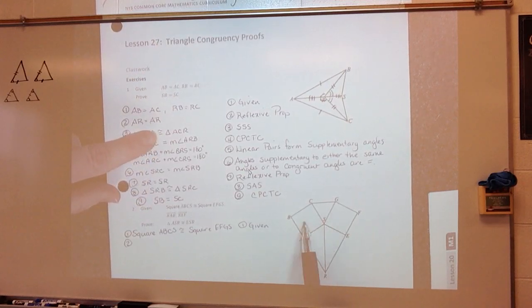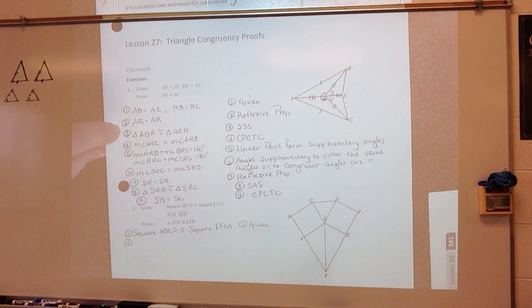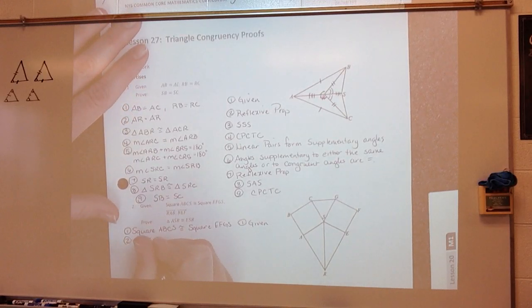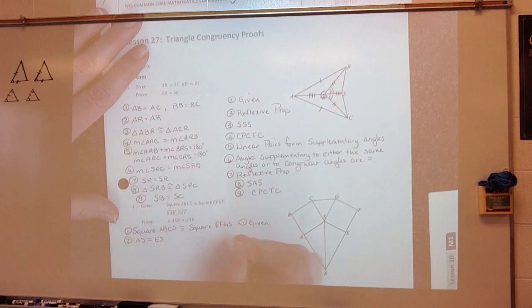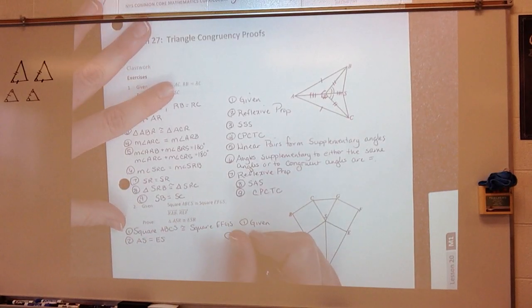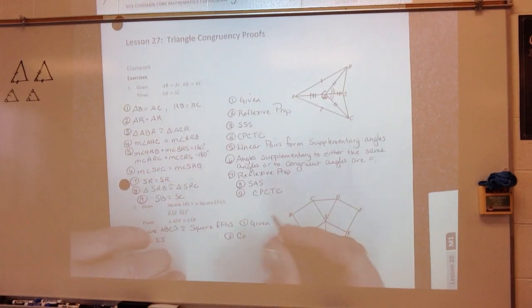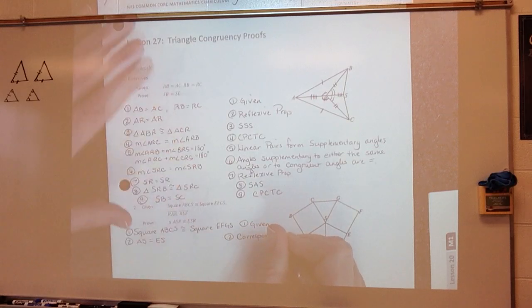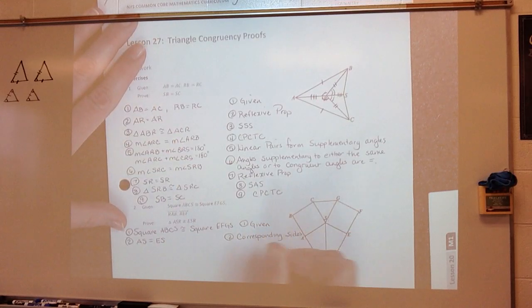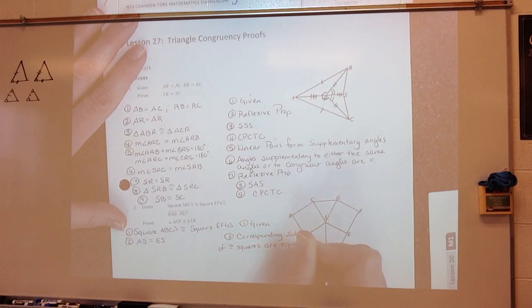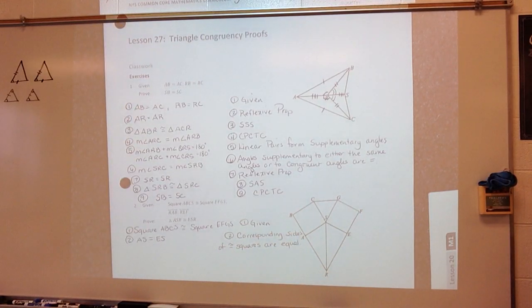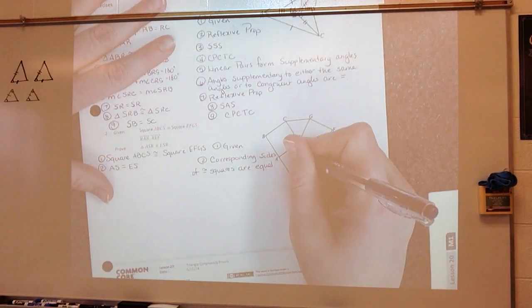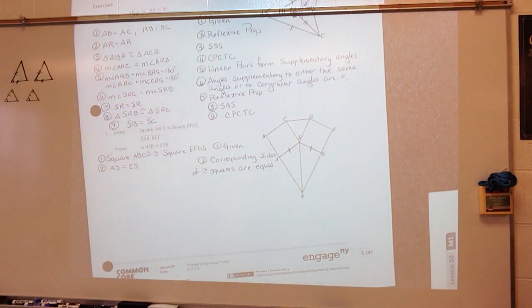Since we know these two squares are congruent, then I know that AS is equal to ES, because corresponding sides of congruent squares are equal. That kind of goes along with the CPCTC, only now we're dealing with squares. So I've proven that these two sides are equal.